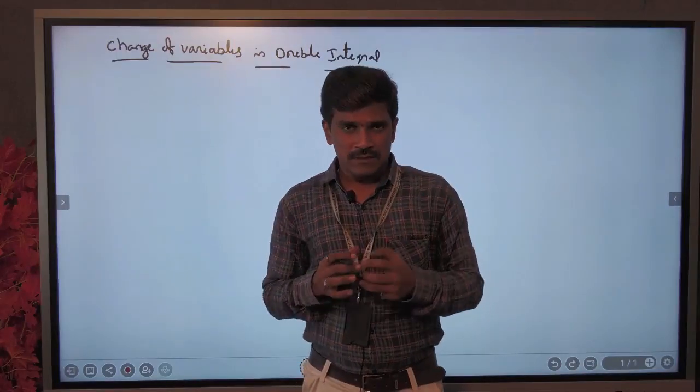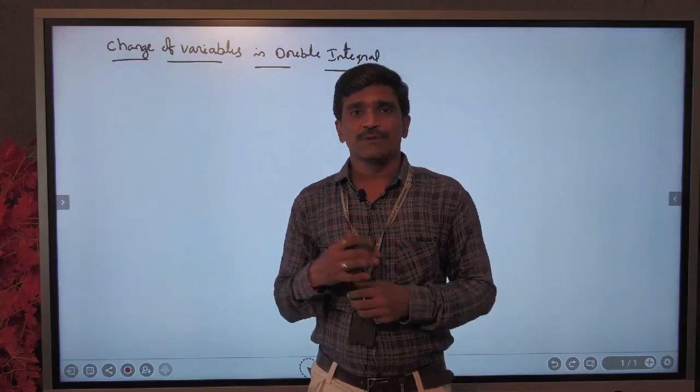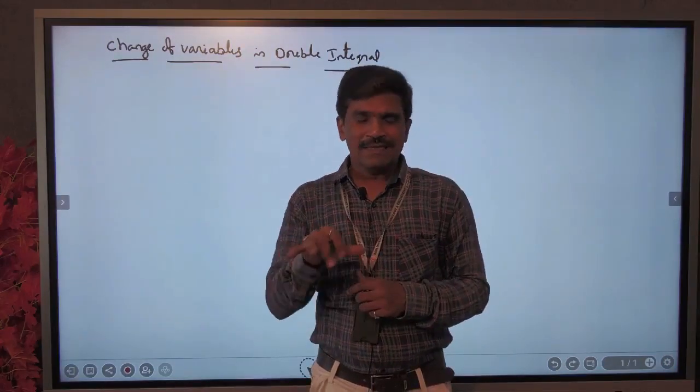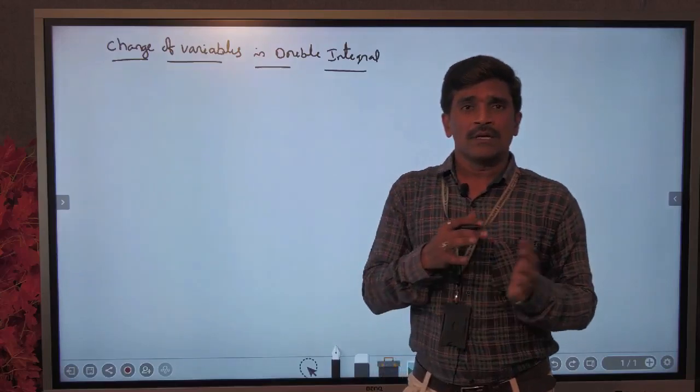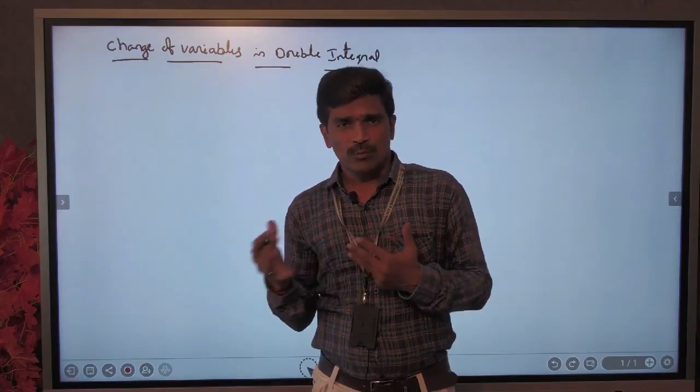So in this case we take some substitution with new variables to evaluate a given integral. So here, change into polar form, actually Cartesian to polar form.